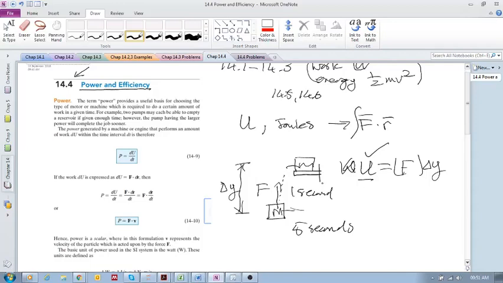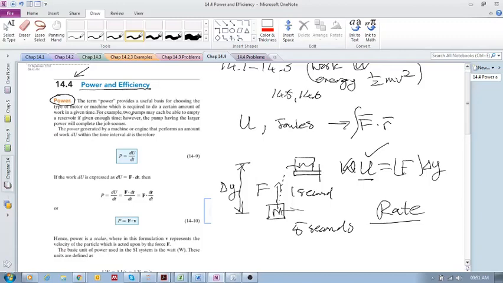So this is where something called power comes in. Power is the rate at which you do work. So let's have a look at this little discussion over here. Power provides a useful basis for choosing the type of motor or machine which is required to do a certain amount of work.